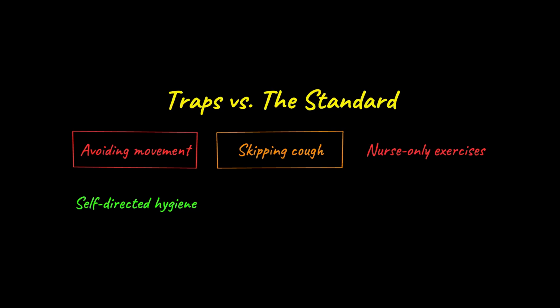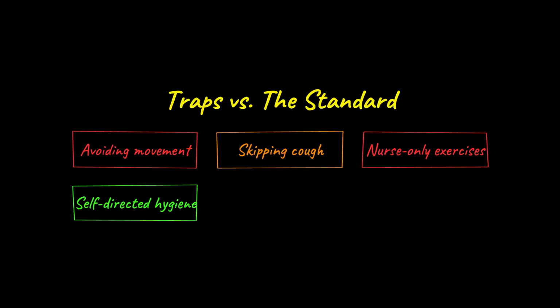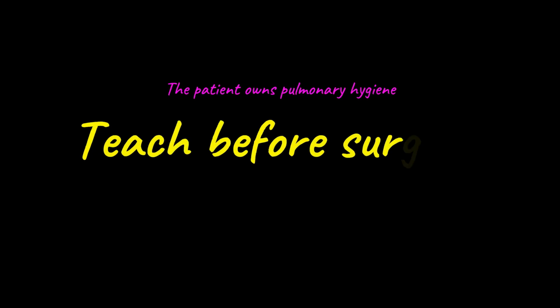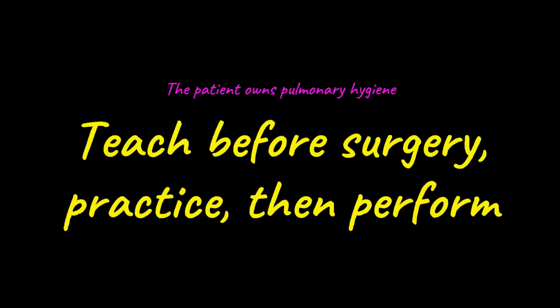Skipping cough leaves secretions behind, and relying on the nurse alone is impossible to sustain hourly. The standard is self-directed exercises, taught in advance and supported with good pain control. Preoperative teaching sets the foundation, but the patient's own active participation, paired with adequate analgesia, is what actually protects the lungs after surgery.